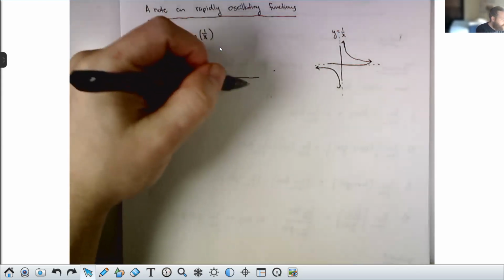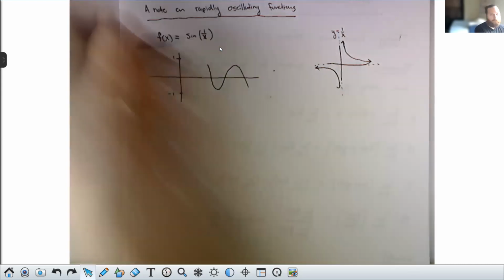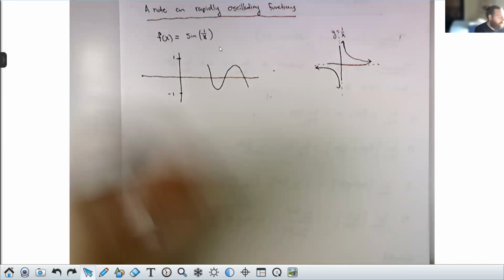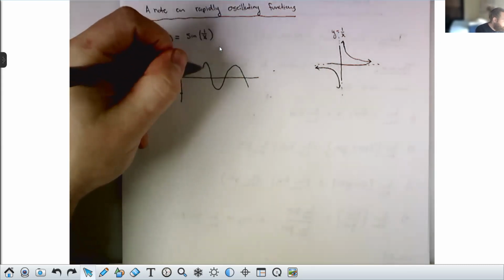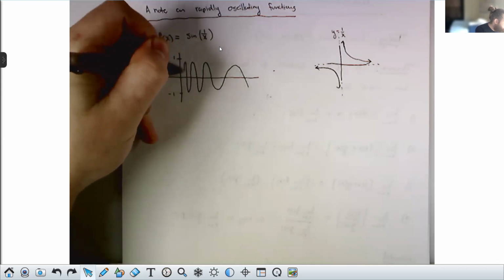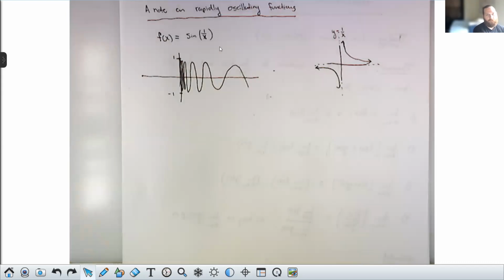So what I mean is, if you look out here, this looks more or less like a regular sine function. Goes up to 1, goes down to -1. But as you sneak in closer and closer to 0, it starts oscillating faster and faster and faster to the point where it becomes, the word is, dense in the plane.